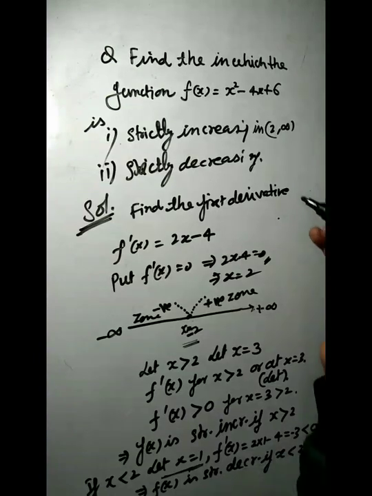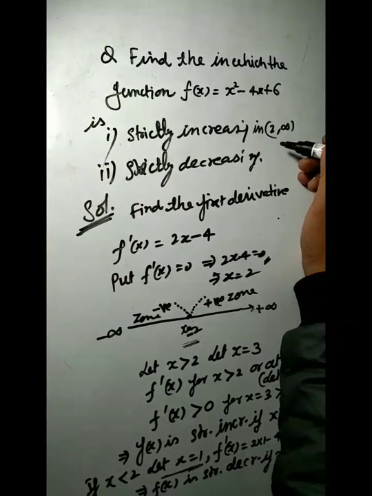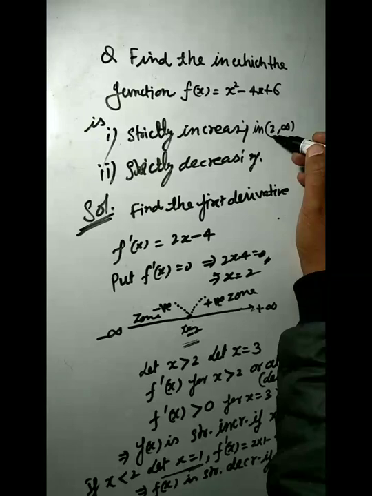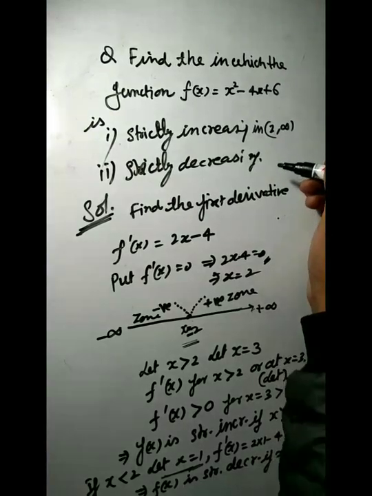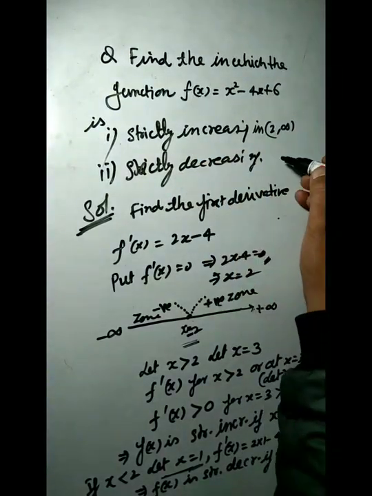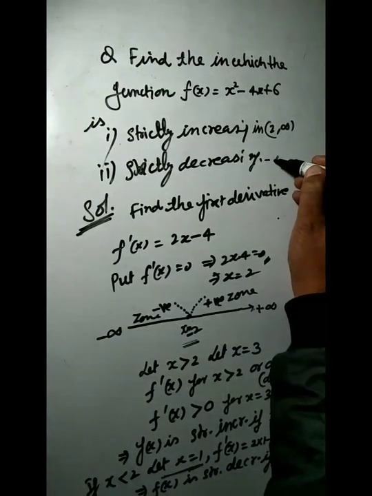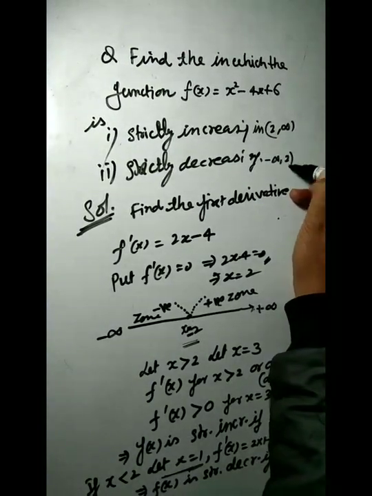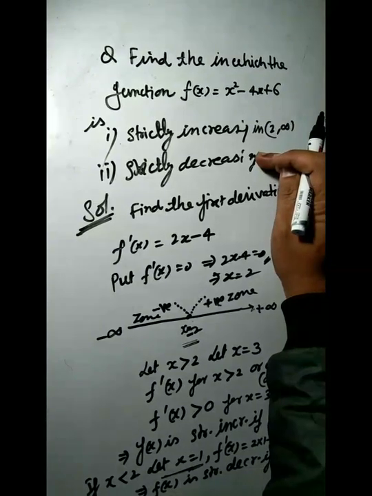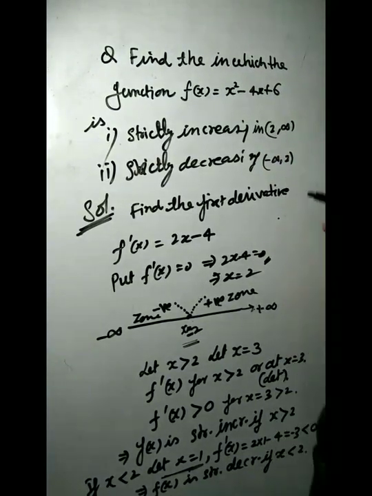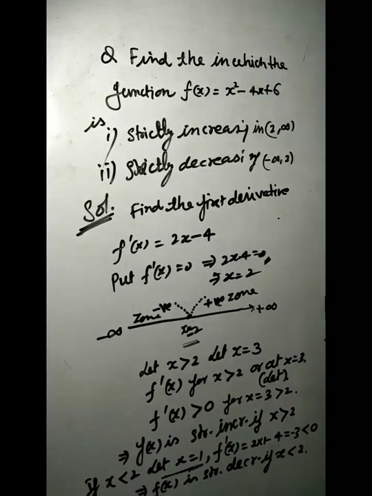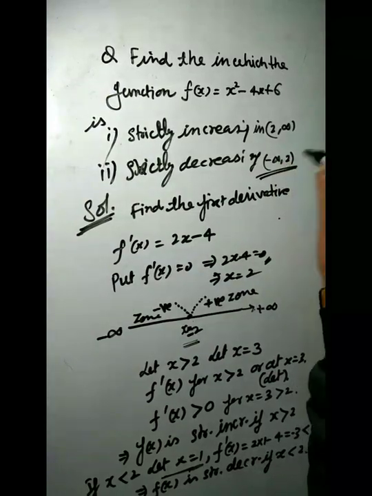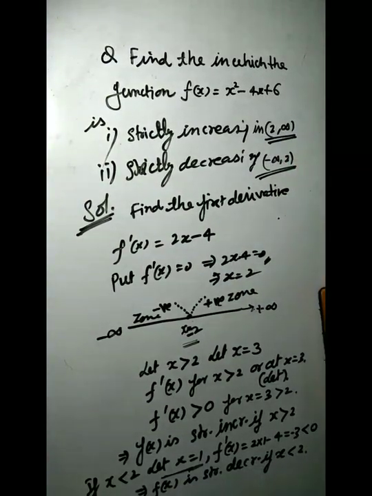We have already seen that for strictly increasing we will use an open interval, and similarly strictly decreasing in the interval minus infinity to 2, and we will consider this an open interval. This is our answer for increasing and decreasing in nature.